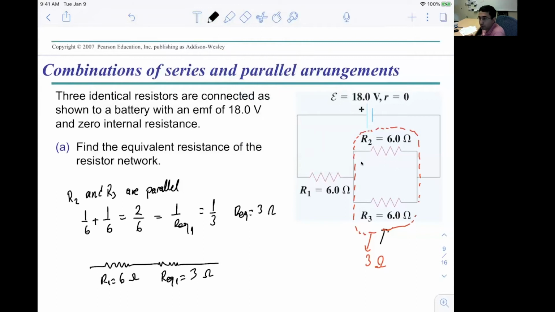Now you have two series resistors, and you can sum them to find the total equivalent resistance. 6 plus 3 equals 9 ohm. So we found the total equivalent resistance of this whole circuit.